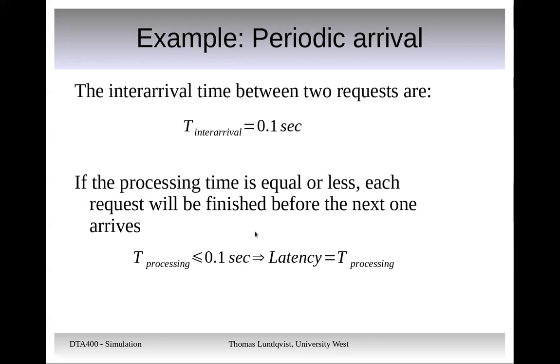Then the system is kind of stable. Jobs are not arriving too fast for the service station. So that's very easy. And if the service station is slower, you will have a queue buildup. So it's very easy to know what will happen if you have this constant inter-arrival rate.